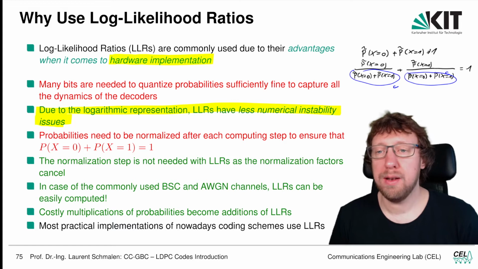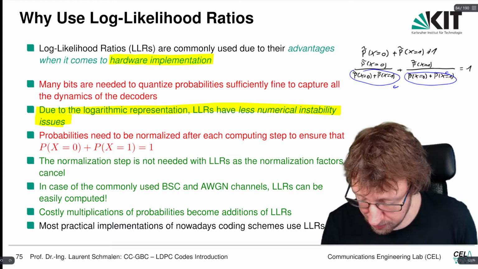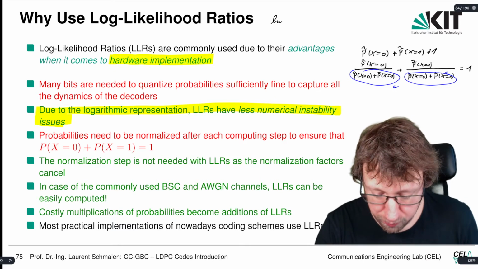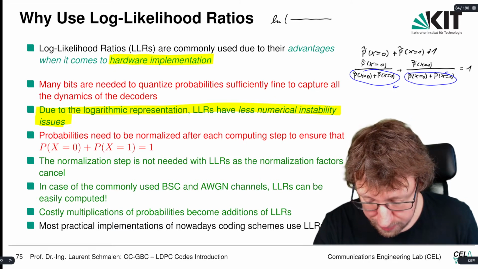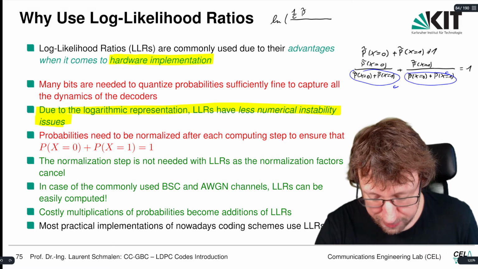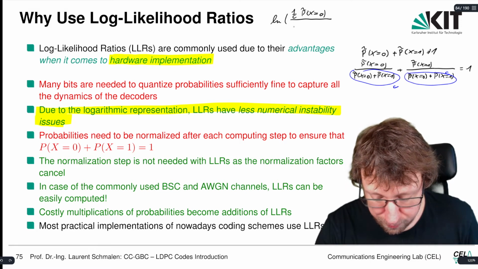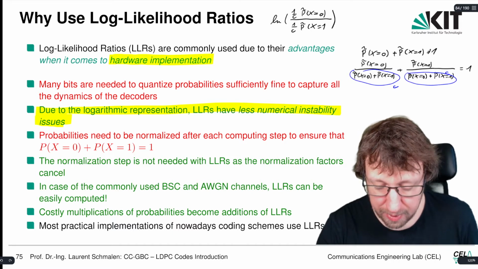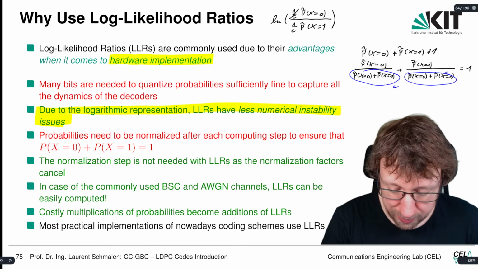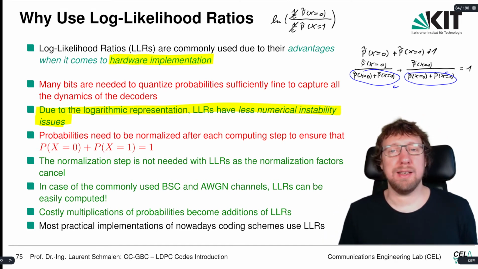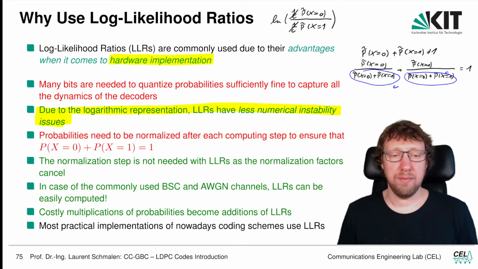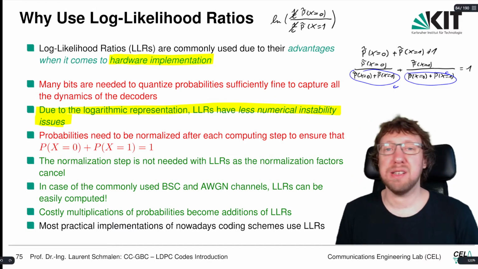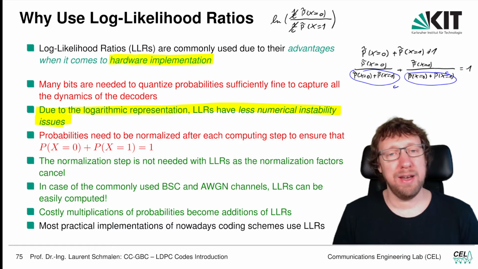So we don't need the normalization factor, because when we calculate the natural log of 1 over c times p tilde x equals 0 divided by 1 over c times p tilde x equals 1, this normalization factor 1 over c will just cancel, and we don't need to compute it. So we avoid a normalization step, which is also a big deal because this normalization step can be very nasty.